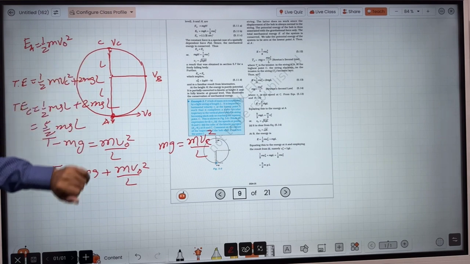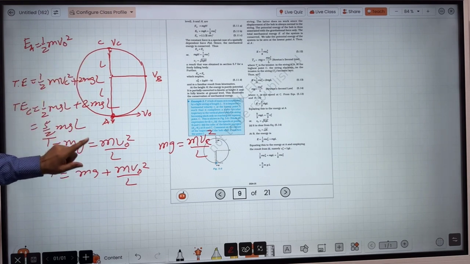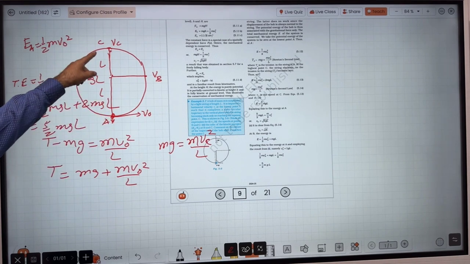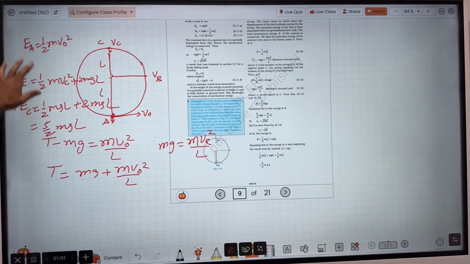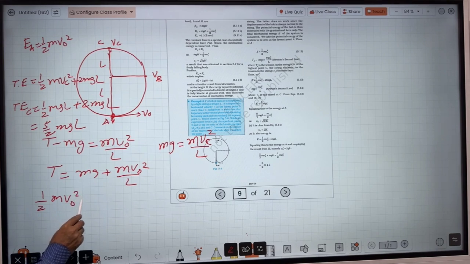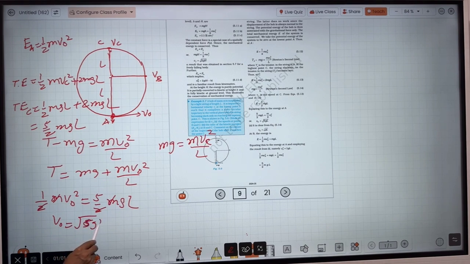So this is total energy at C, but according to the energy conservation principle, energy at A must be equal to energy at C. So we can equate the two. We write 1 by 2 m v0 square must be equal to 5 by 2 mgL, from where we can get v0 equal to square root of 5gL.